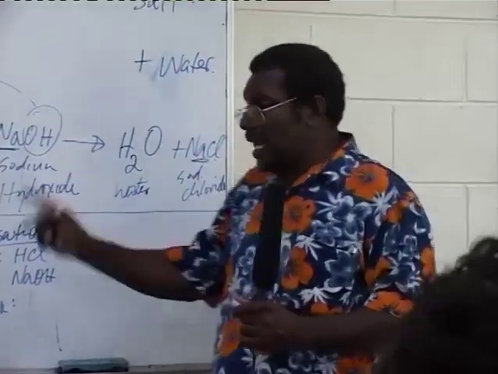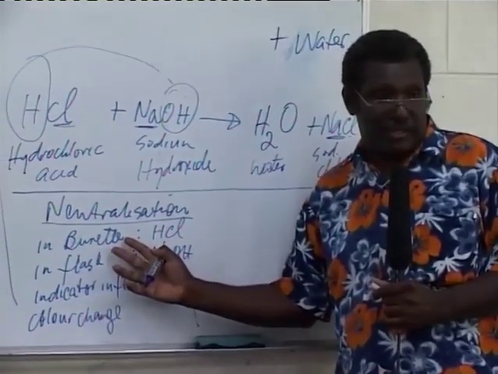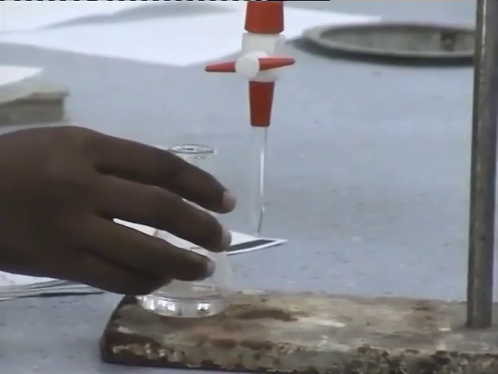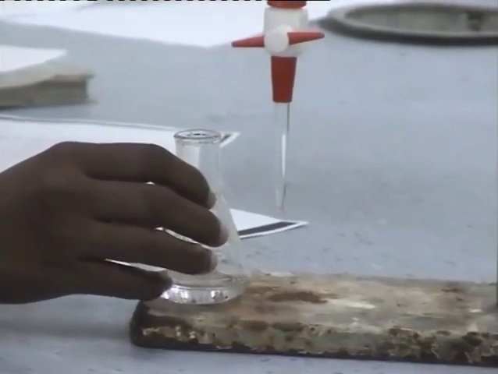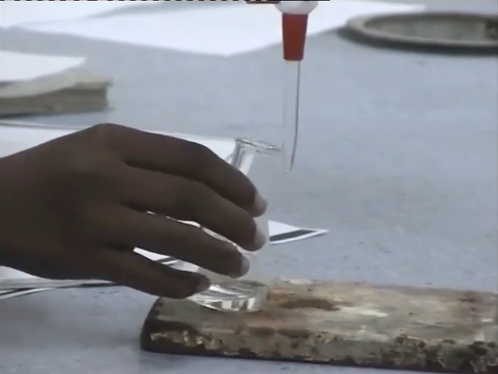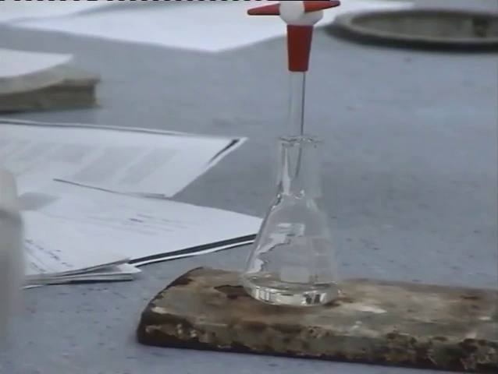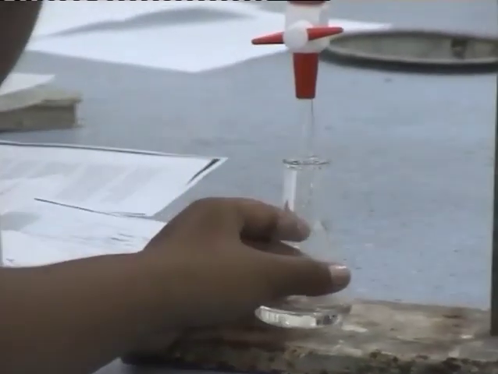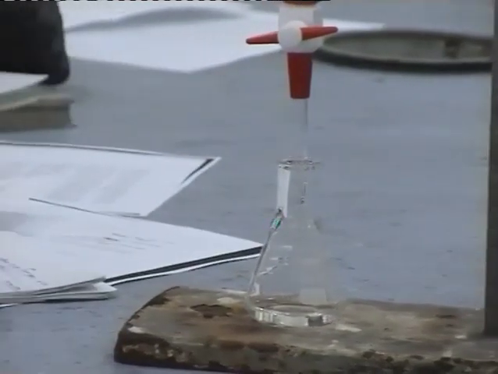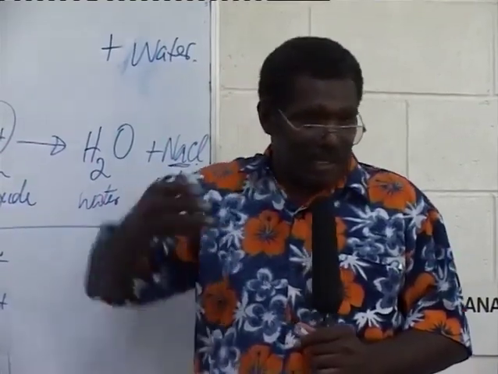If you get the flask and put it underneath the tap of the burette, can you do that now, please? Thank you. Put it underneath like that. Get the flask that contains the sodium hydroxide underneath the tap of the burette, so that when you put it right underneath the tap, lift the tap up a little bit or tilt it.